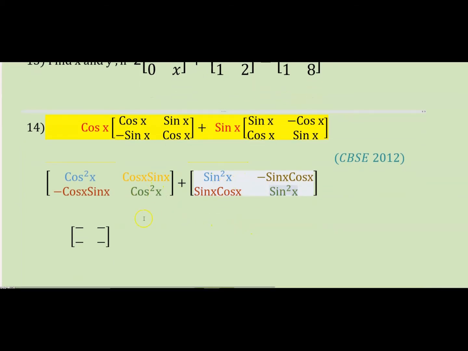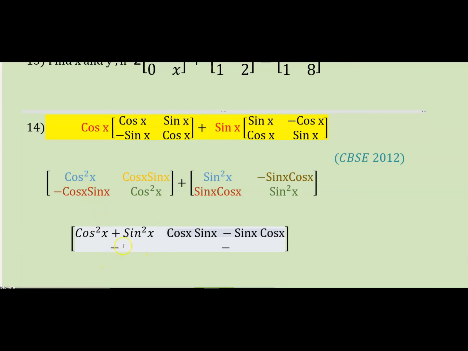Now add these two matrices, so this will be cos square x plus sin square x, and next entry will be cos x sin x minus sin x cos x, right?